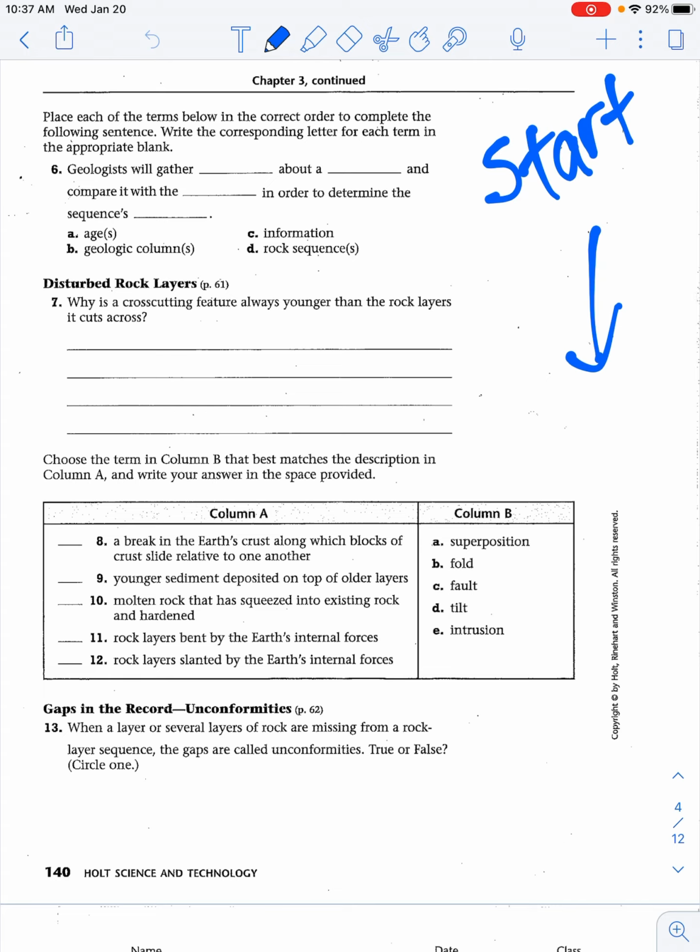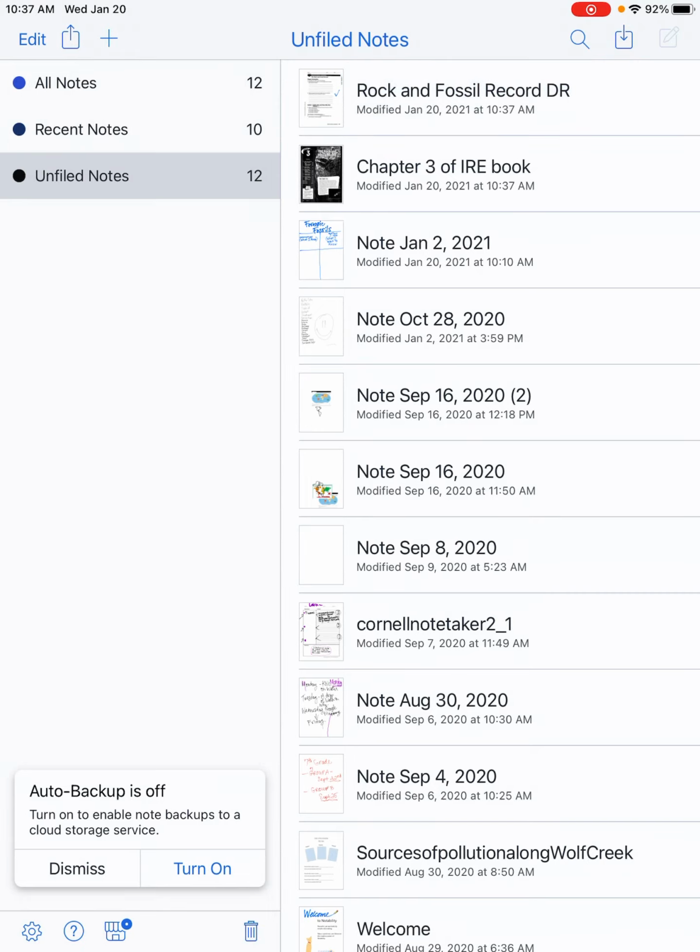If you go back to the Rock and Fossil DR, once we go past this question here, which we just did, we're going to talk about cross-cutting features. So there are two types of cross-cutting features.